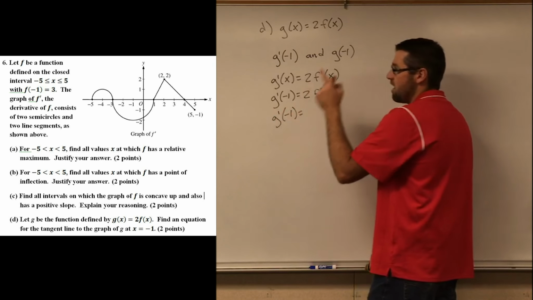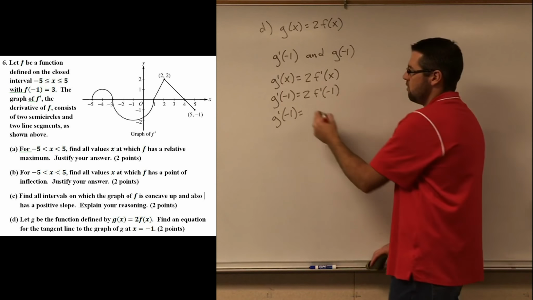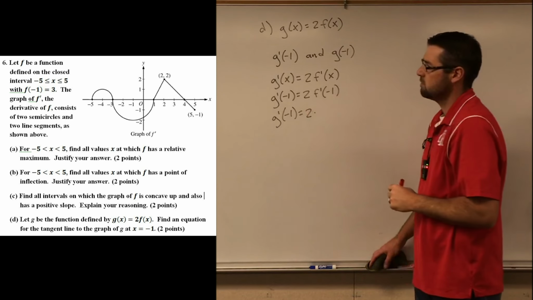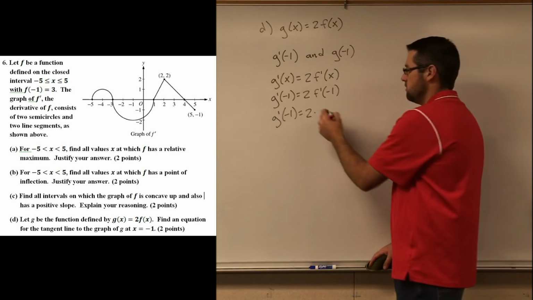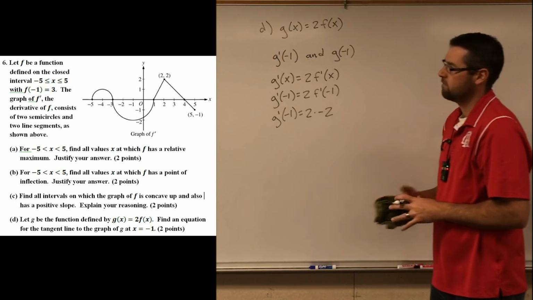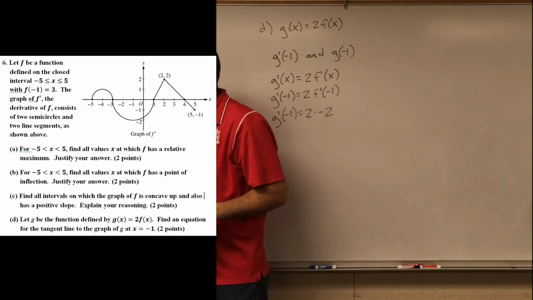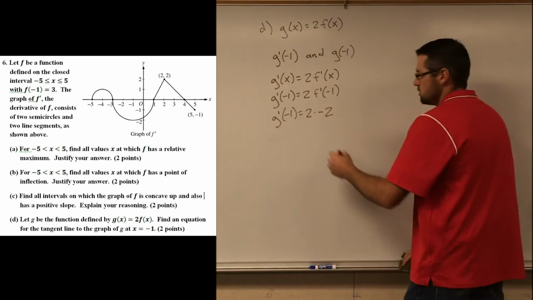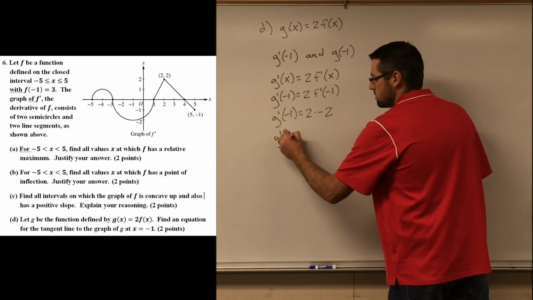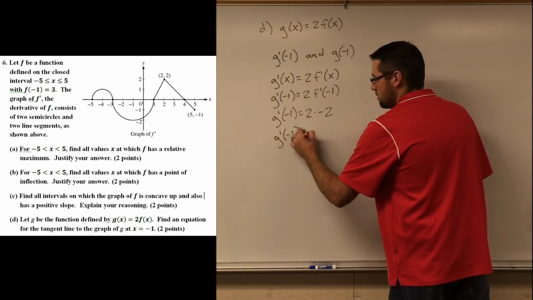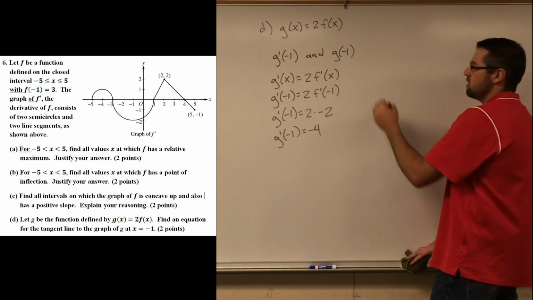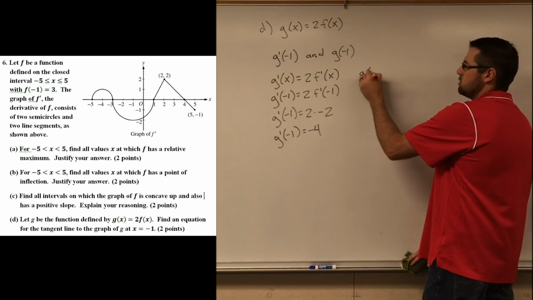Since I gave you f prime of -1 in the graph, we would say 2 times -2. You guys see that? So when x is -1, f prime is -2. So G prime of -1 is -4.